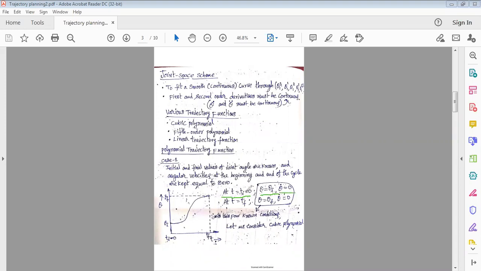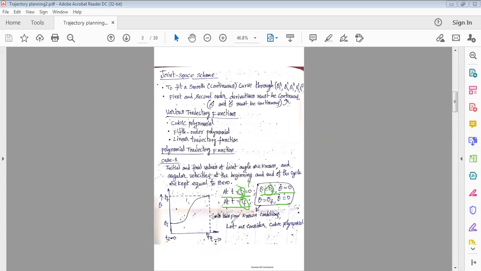At the destination point, at time t equal to tf, the final time, where the initial time ti is equal to 0, theta is equal to theta f and theta dot is equal to 0. The first derivative of theta is 0.